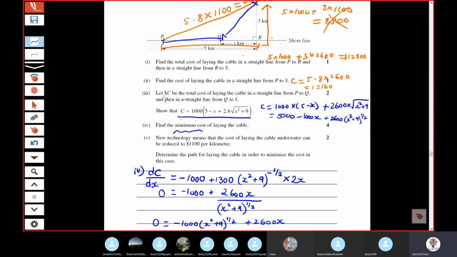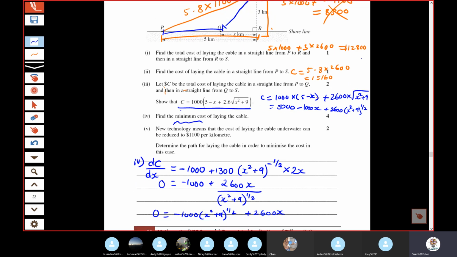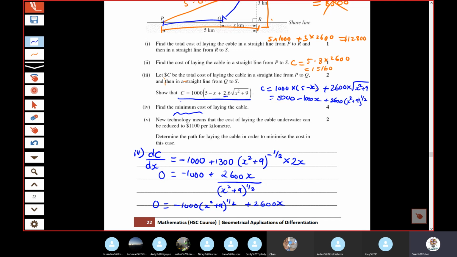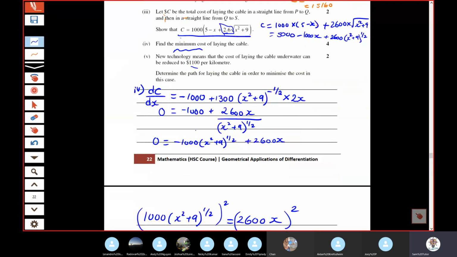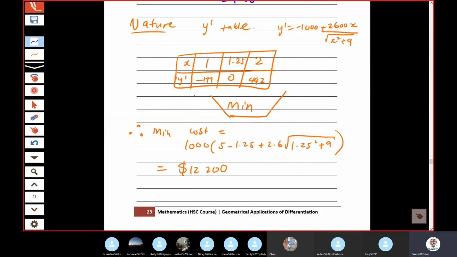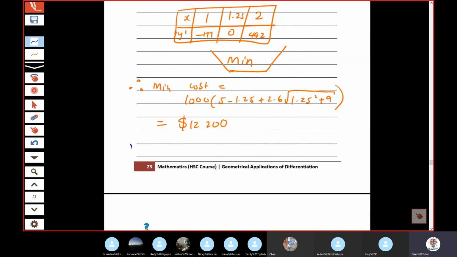So, we've got to do the thing again. Instead of it being 2.6 here, what number do you choose? 1.1, because it's 1100 now. Do the same thing. All right, I'm just going to quickly do the math.